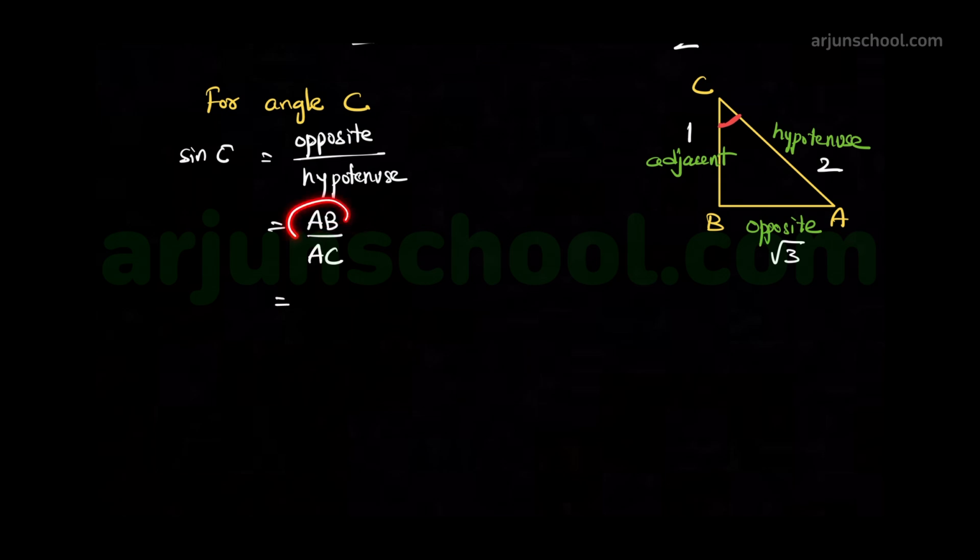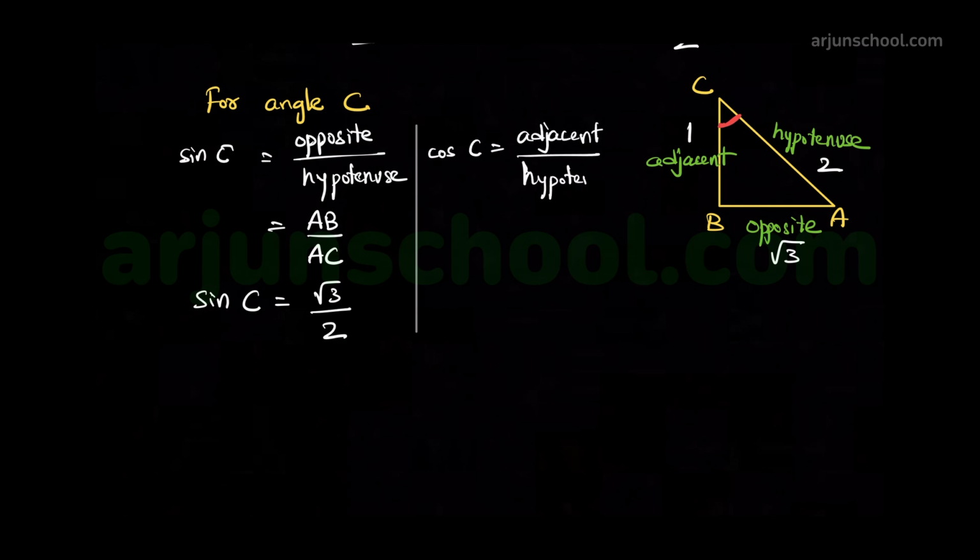AB is root 3 units and AC is 2 units. Therefore, sin C is equal to root over 3 by 2. Cos C is equal to adjacent side by hypotenuse. Adjacent side is BC and hypotenuse is AC. BC is 1 unit and AC is 2 units.